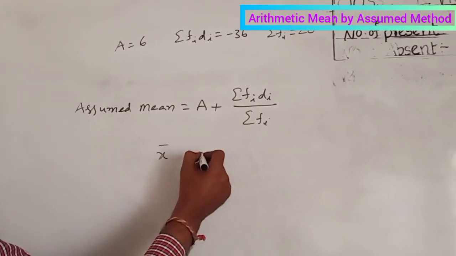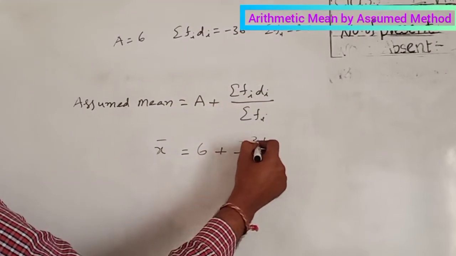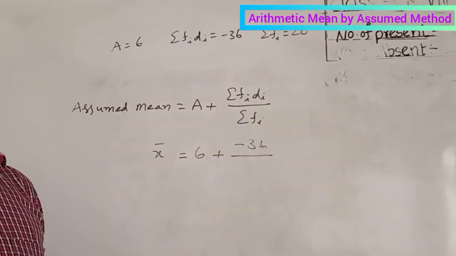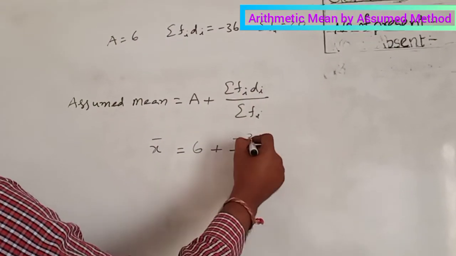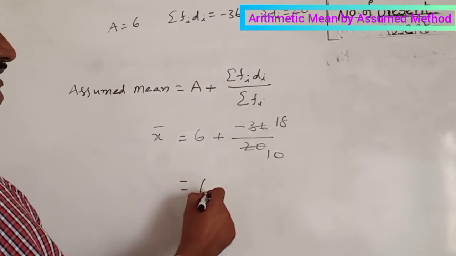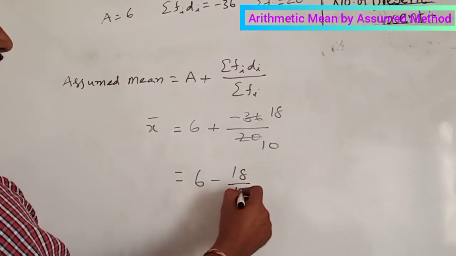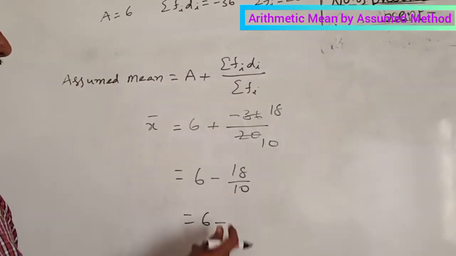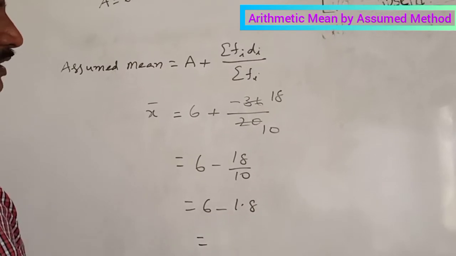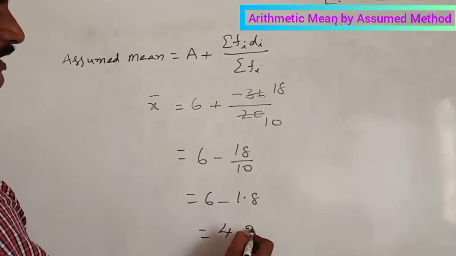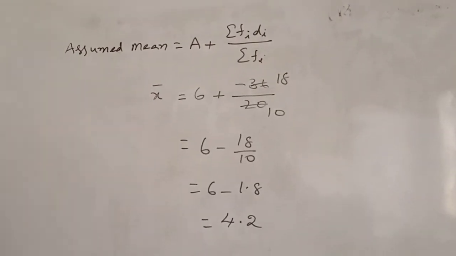What is a? 6 plus sigma fi di, minus 36, by sigma fi, which is 20. 2 tens, 2 18s, that is equal to 6 plus minus 18 by 10, which is 6 minus 18 by 10, that is 1.8. 6 minus 1.8 equal to 4.2. That is the mean by the assumed method.